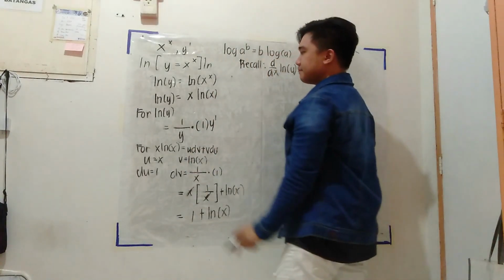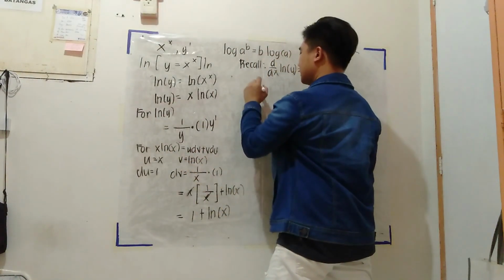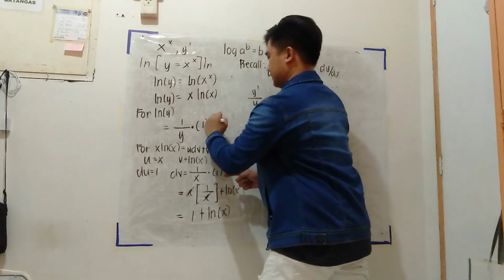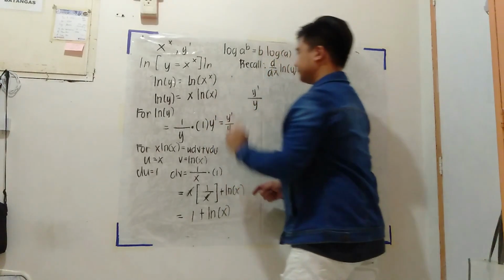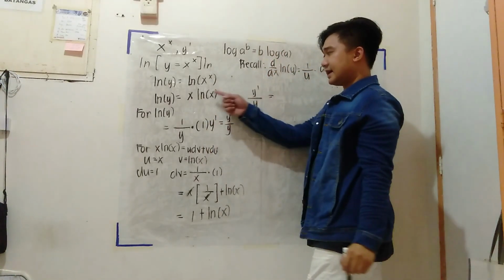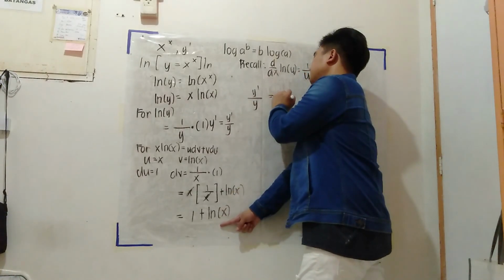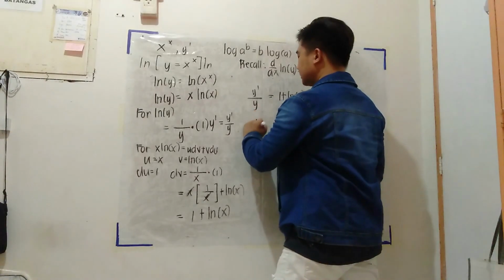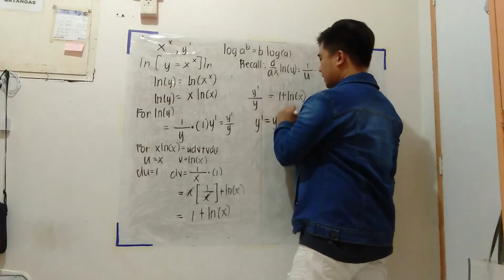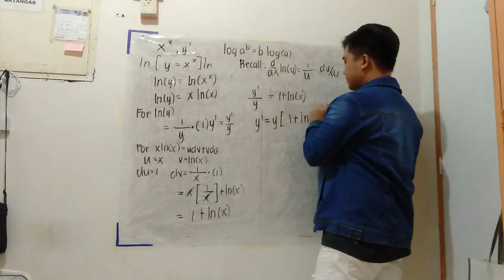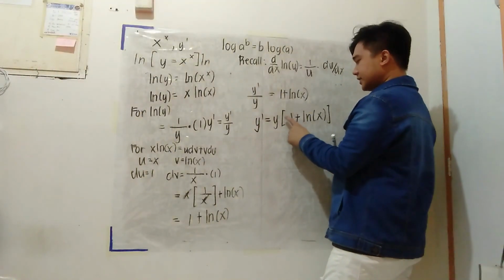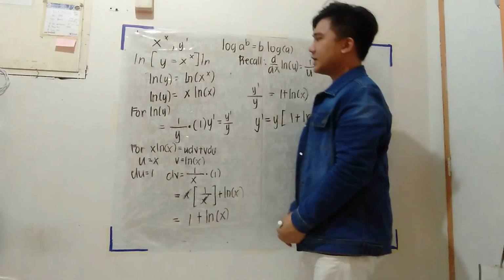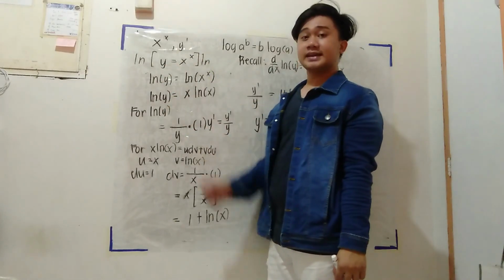So, what is the derivative of ln of y? Y prime over y. What is the derivative of x ln x? 1 plus ln x. And then, multiplying, y prime is equal to y, quantity 1 plus ln of x. If you remember, at the start, we set y equal to x raised to x.